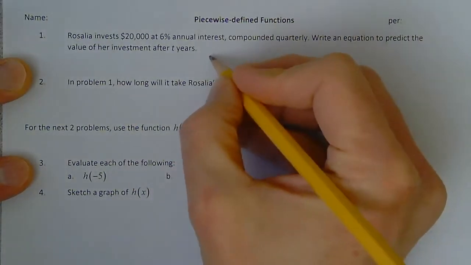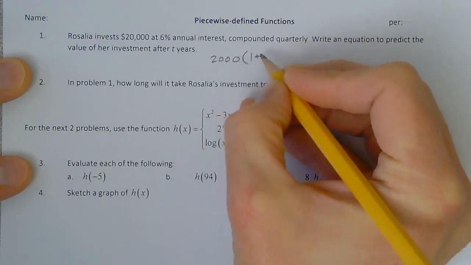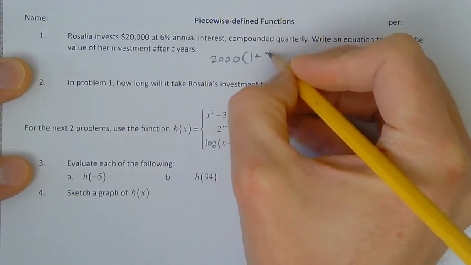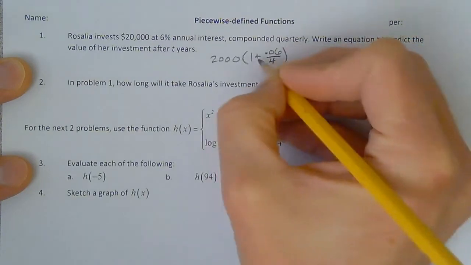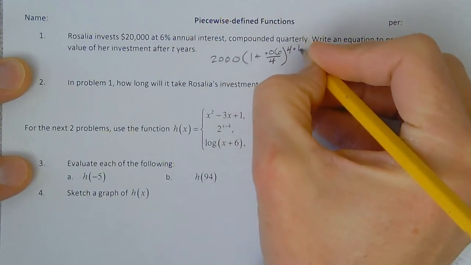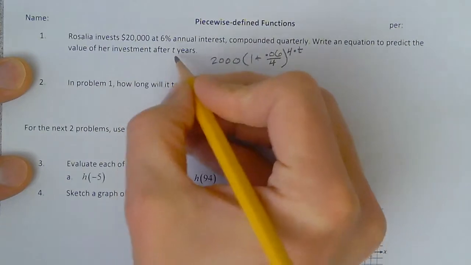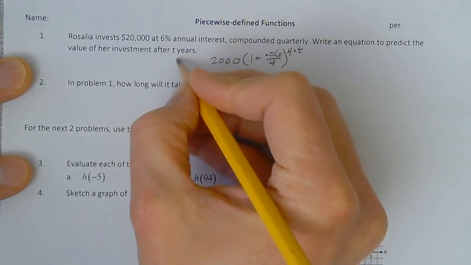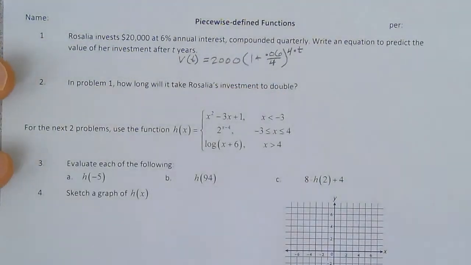Okay, well that's our starting amount times 1 plus the 6% compounded quarterly. And since it's compounded quarterly, we need to multiply this by 4 times for every year. So this should be the value of her investment after T years.